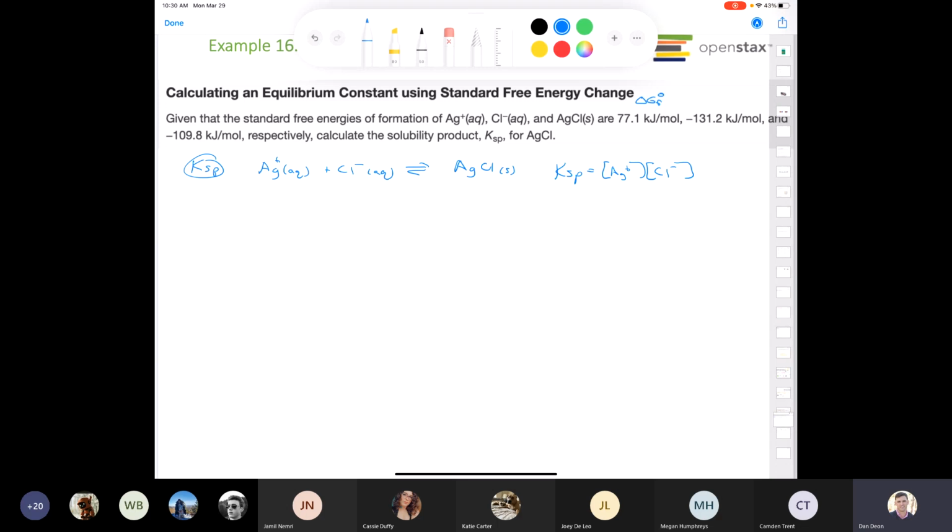Okay, cool. If you want to calculate an equilibrium constant, what about this formula? Delta G naught of the reaction is equal to negative RT times the ln of K. That's the second reaction we looked at, and this process is in equilibrium. That's what a K is. KSP is at equilibrium.